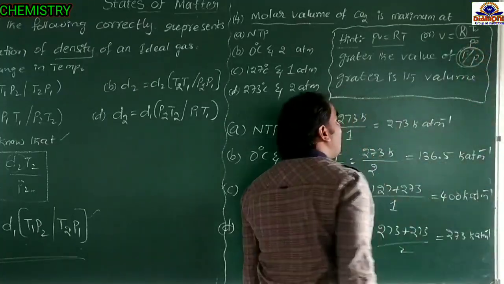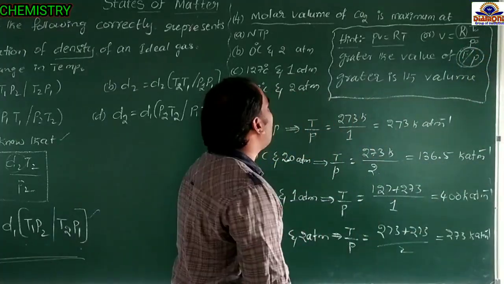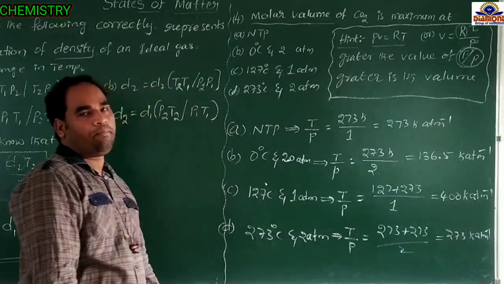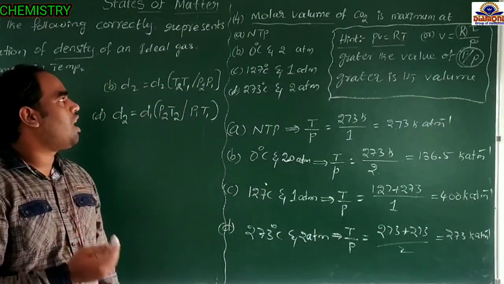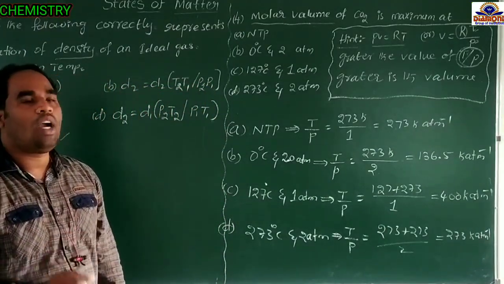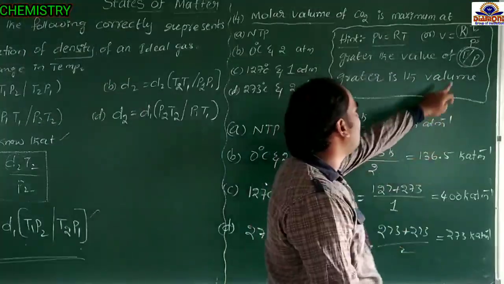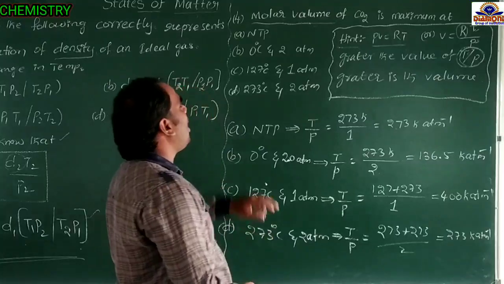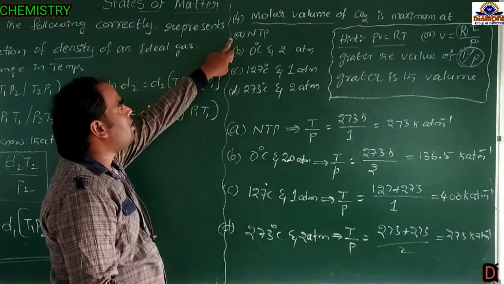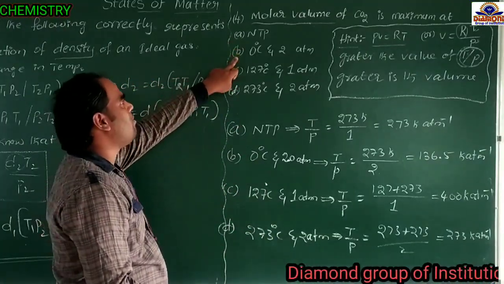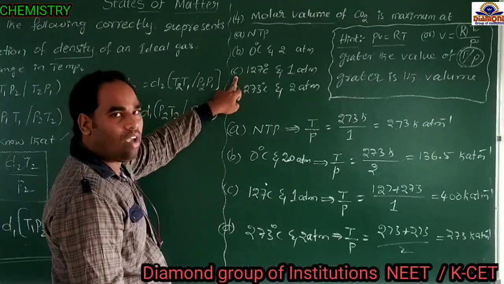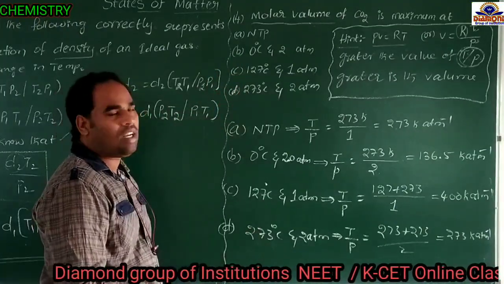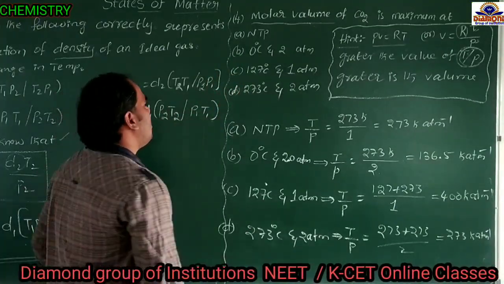If the T by P value is greater, then volume is also greater. So molar volume depends on what here? T by P. So molar volume depends on T by P. Therefore, we have to find out the T by P value for NTP, for option B, for option C, and for option D. Right.